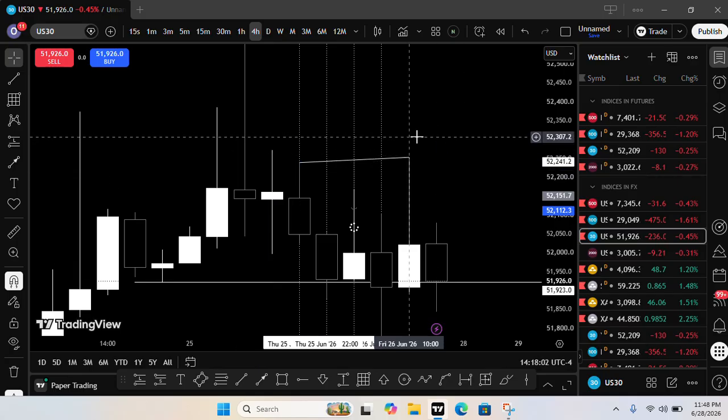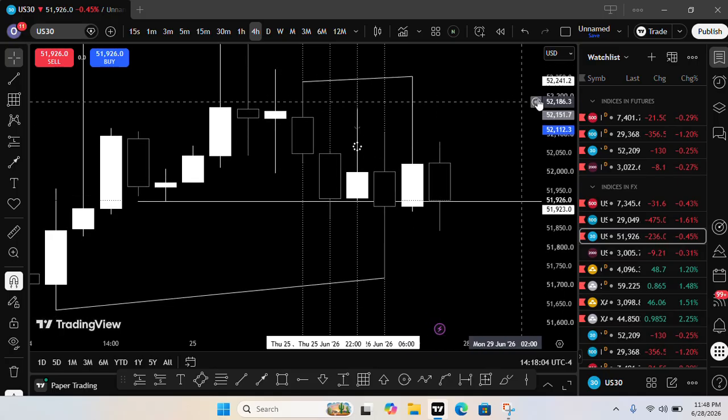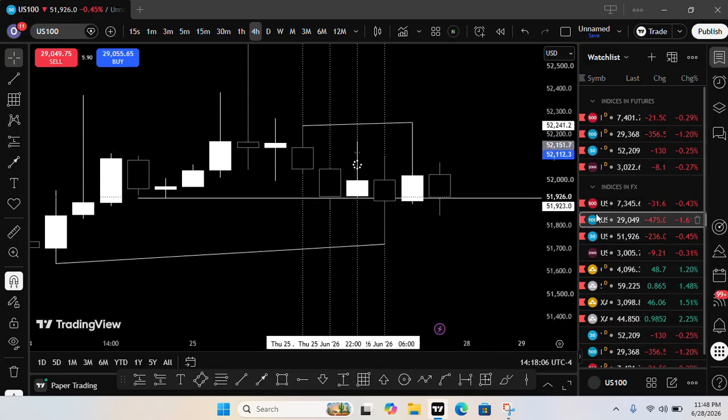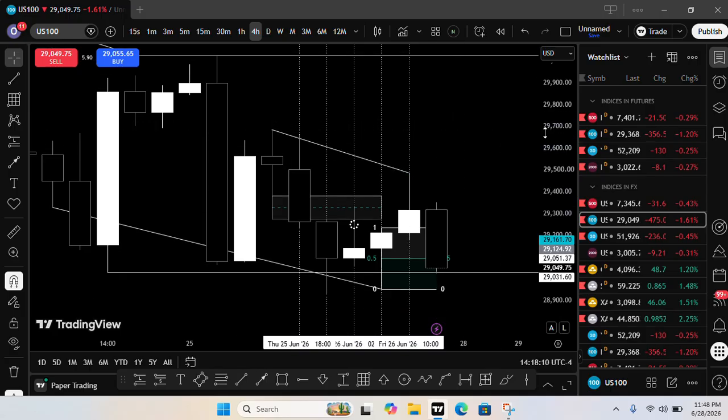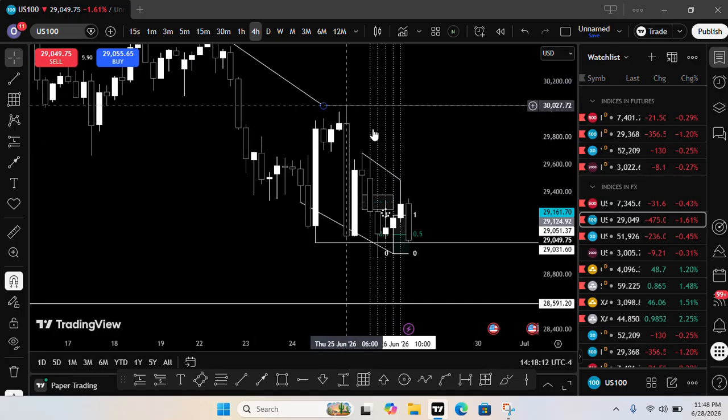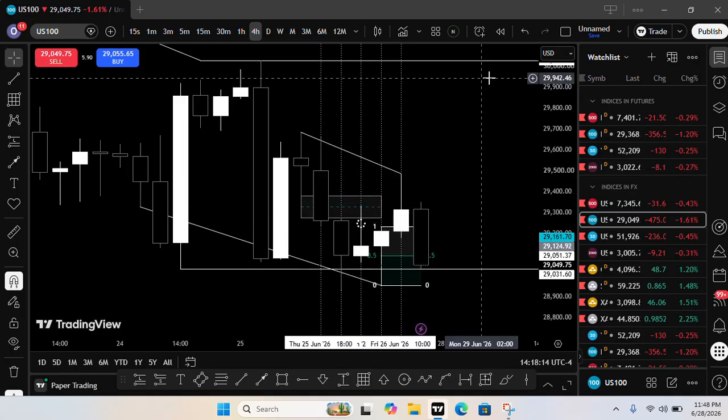The 18th candle manipulated with this as a stage 1. It's stage 1. Okay, we got a higher time frame SMT as well with this SMT.